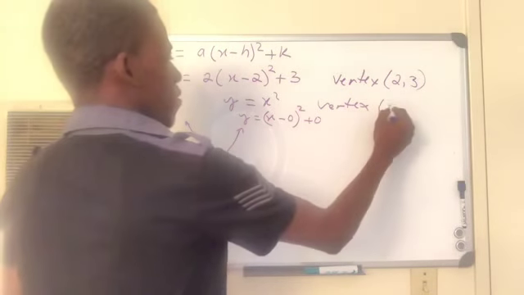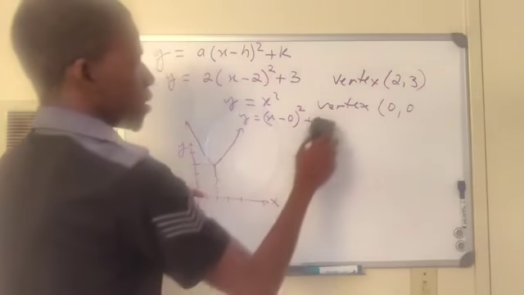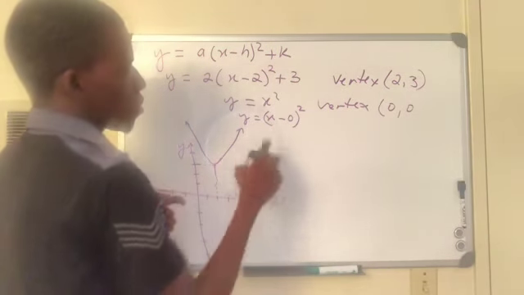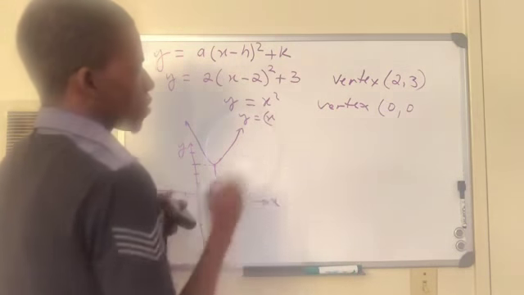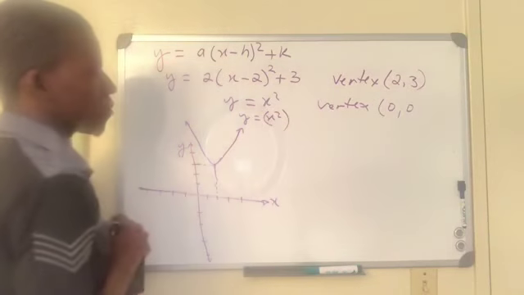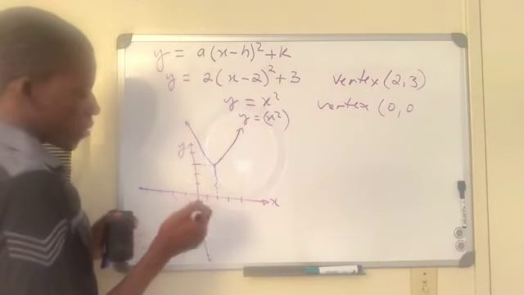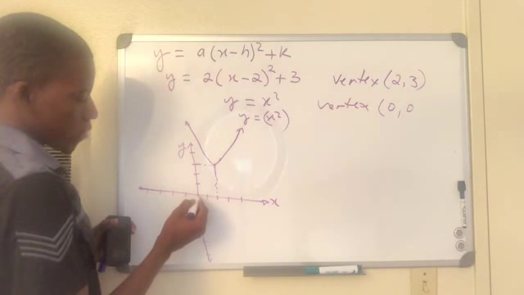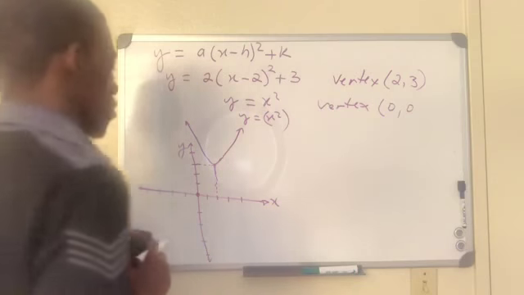So our vertex is 0 and 0. And I can eliminate plus 0, and 0 squared is 0. So it's just going to be x squared. So the vertex is going to be exactly right here at the center of the coordinate system.